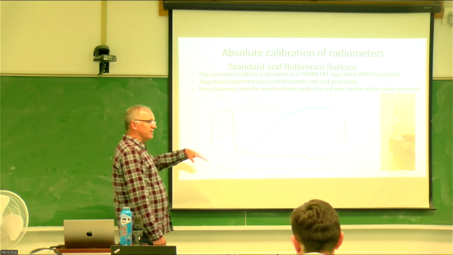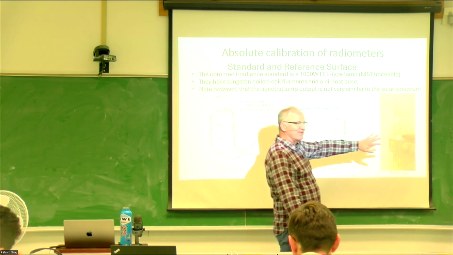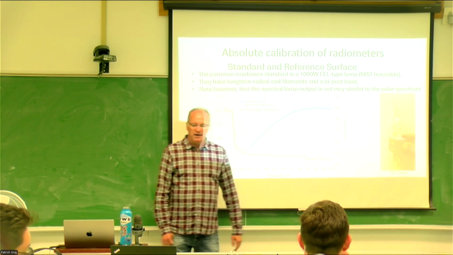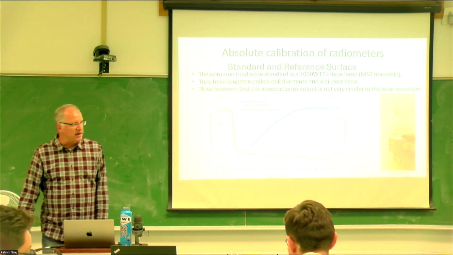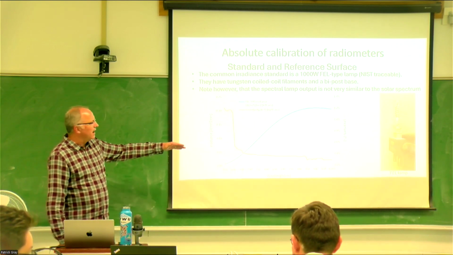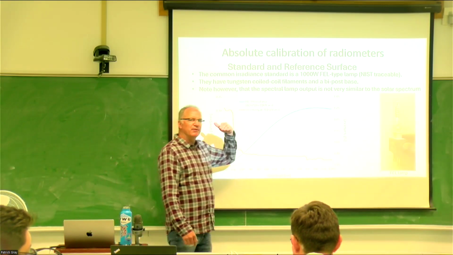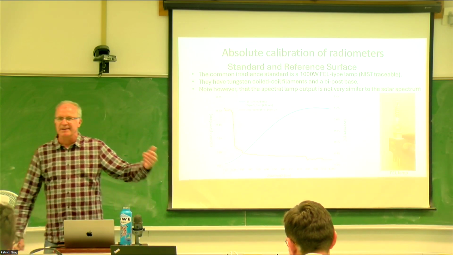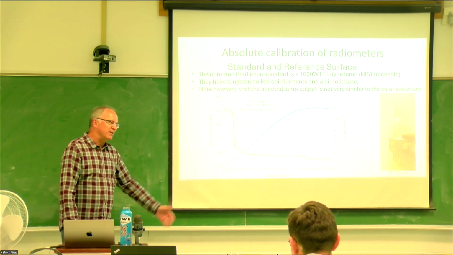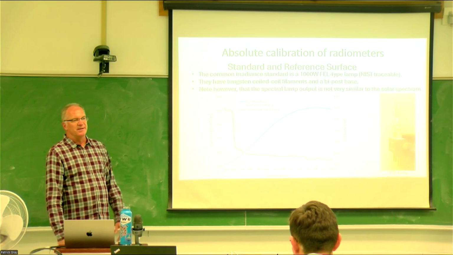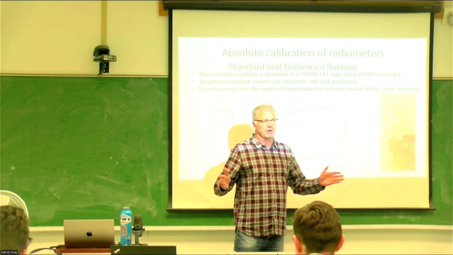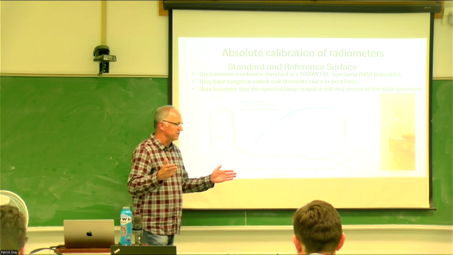So that's typically what we do here. We buy radiometers from manufacturers, and they typically use this method. Now, how do you get at the absolute measurement of radiance and irradiance? It goes all the way back to a cryogenic system, because you're basically measuring the emission output, that thermal output energy.